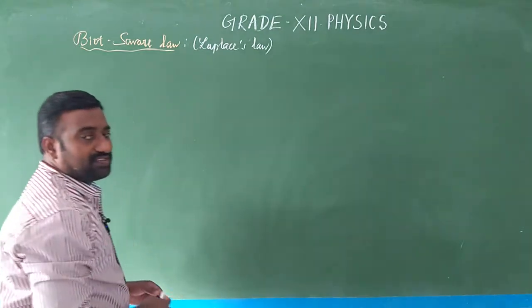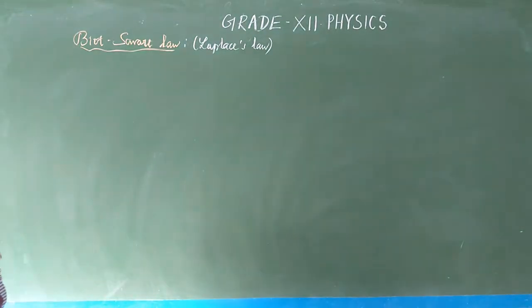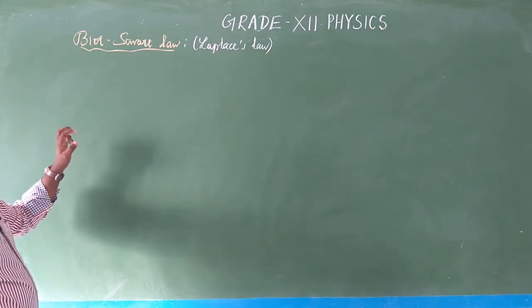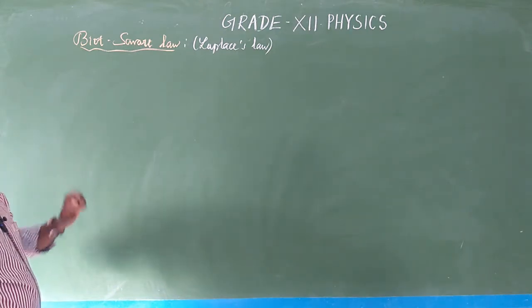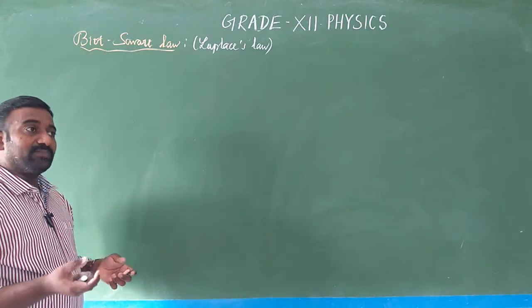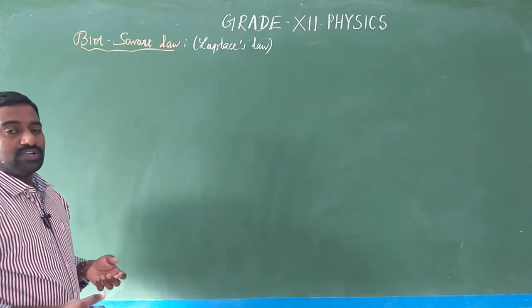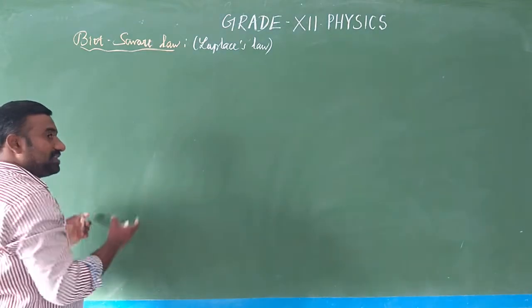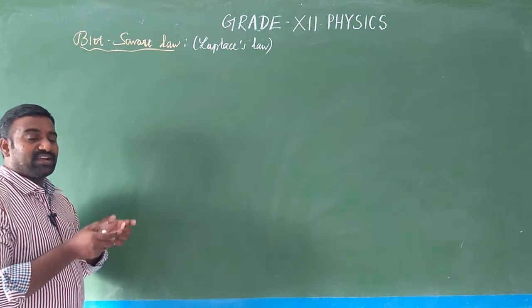What is the importance of this law? Actually, this law gives a relation to find the magnetic field due to a small current element. We know current carrying conductors, like many metallic wires. Mostly we use copper wire. We'll take a simple example, a copper wire. The metallic wire is composed of many current elements.